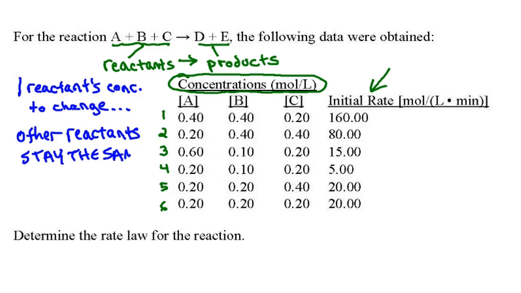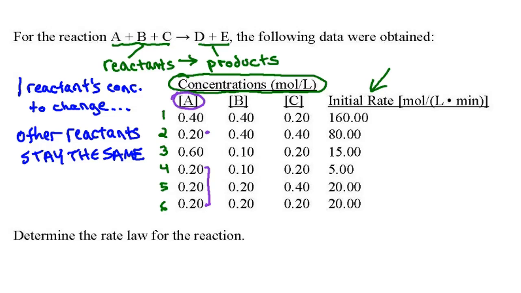Because the other reactants are going to be the control in the experiment. So right here under A, I'll use purple for A. A stays the same during experiment 4, 5, and 6. It's all 0.20. Oh, it's also 0.20 in experiment 2. So that's where A stays the same.